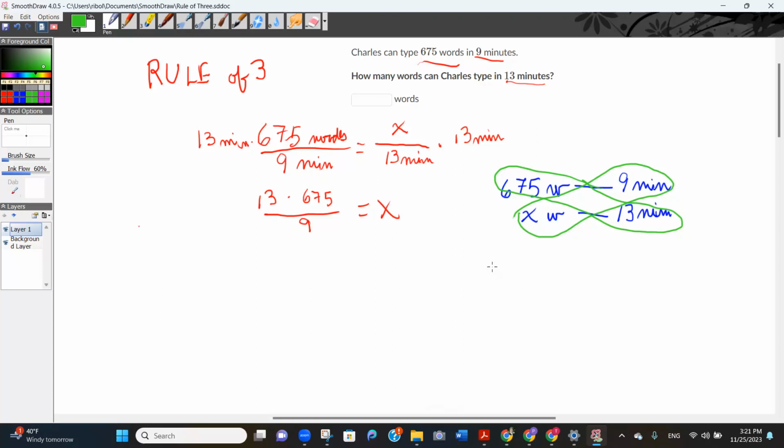In this situation, we always ended up with X equal to, in the numerator, the two of the three numbers: 675 times 13, divided by the third one, the 9. That is the way that we would set up the problems in order to solve them using the rule of three.